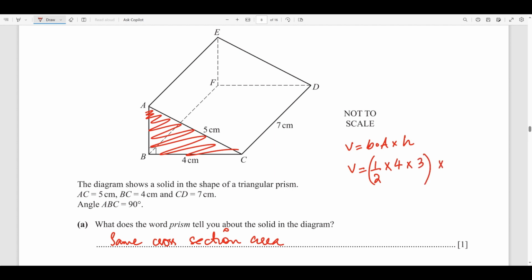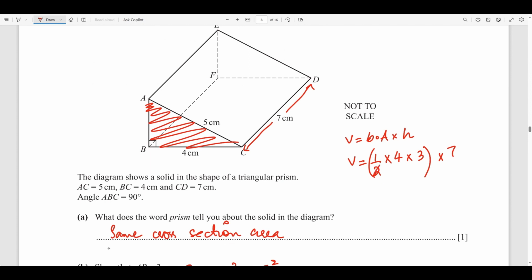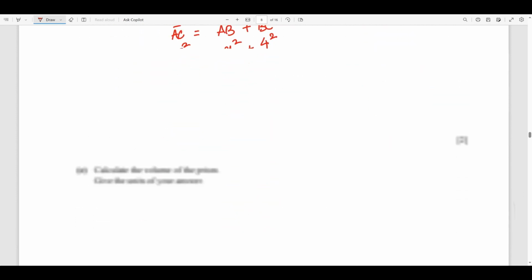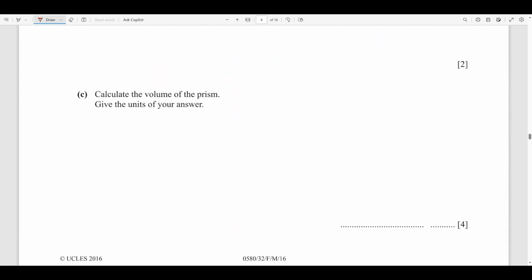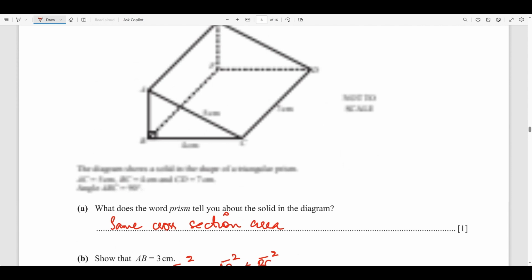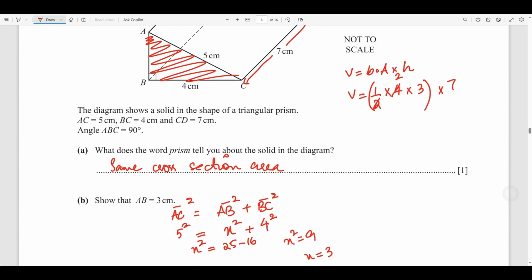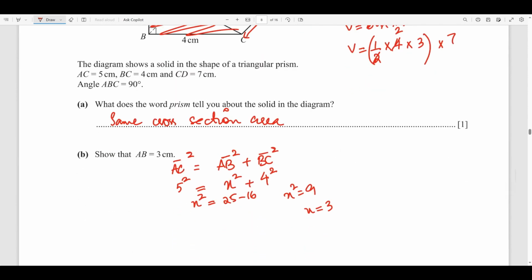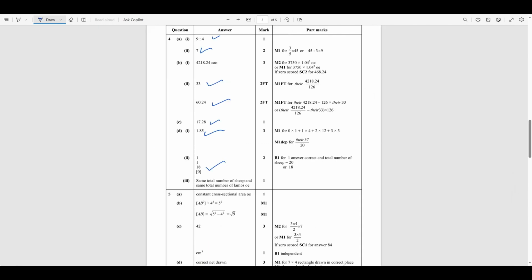And the height of the prism is this 7. So 2, 3, 6 and 6 sevens are 42. And it has to be centimeter cubed because it's volume, right? Let's check the answers. Square root of 9, 42 centimeter cubed, right?